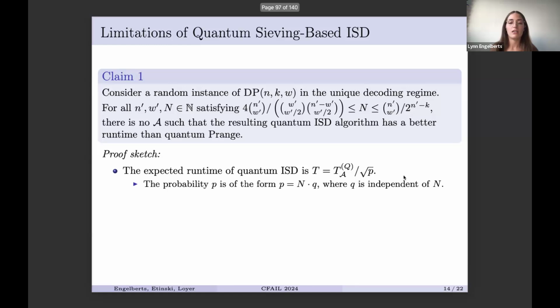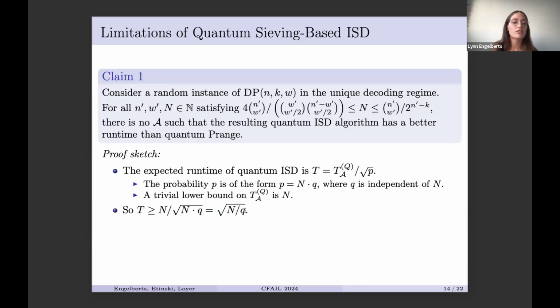Now, I won't write down the full formula for this probability P, but it is of the form capital N times some Q that is independent of capital N. On the other hand, the runtime of this oracle A is clearly lower bounded by capital N, because we require it to output capital N solutions. So altogether, we get a lower bound on T of square root N divided by Q.